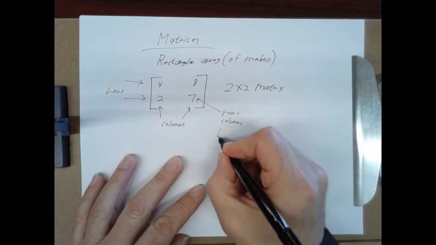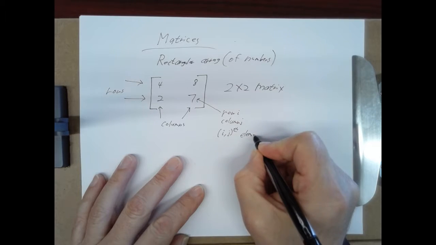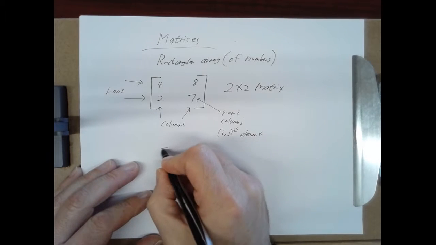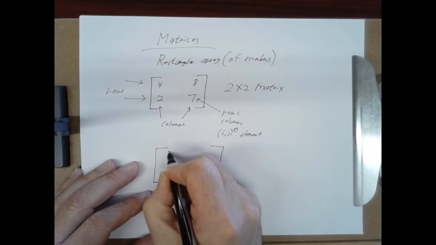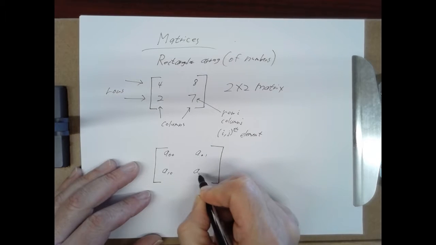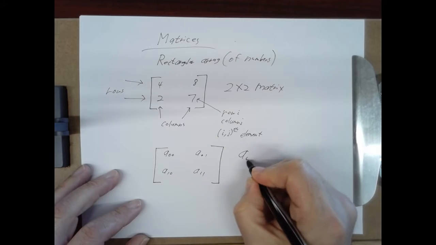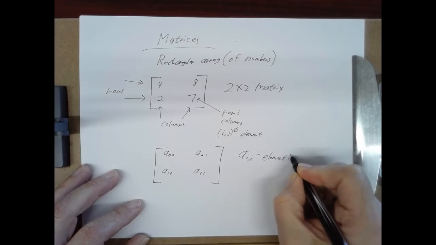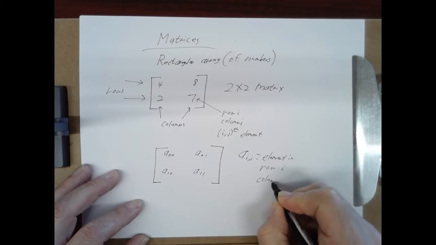We can think of this as the i, j-th element. So we can write a matrix as a set of elements where a subscript ij equals the element in row i and column j.